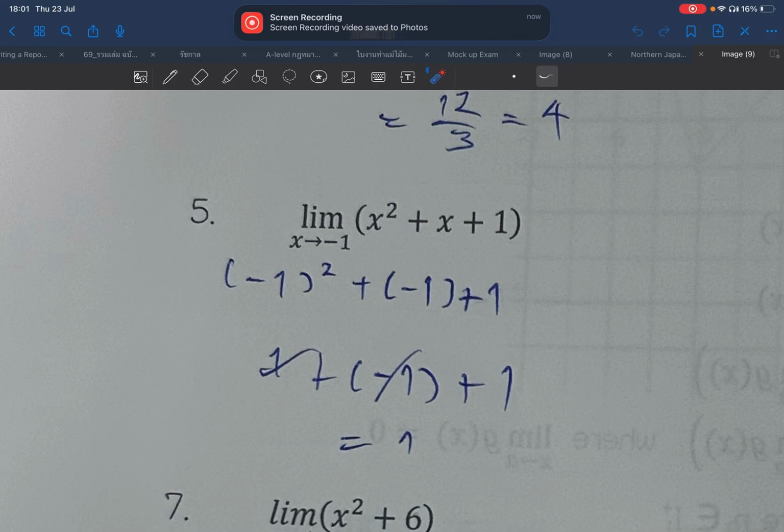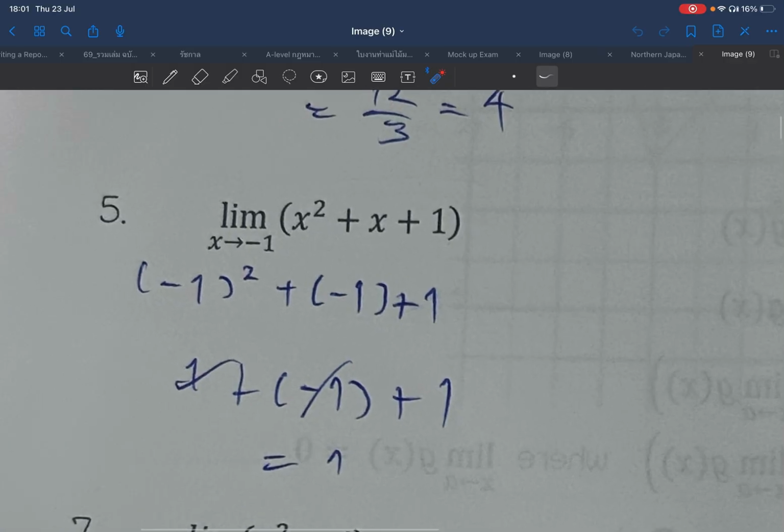Alright, number 5. The limit of x power 2 plus x plus 1 as x approaches minus 1. I will explain it briefly. So you should be careful with negative signs here. We substitute x equals minus 1 into the function.